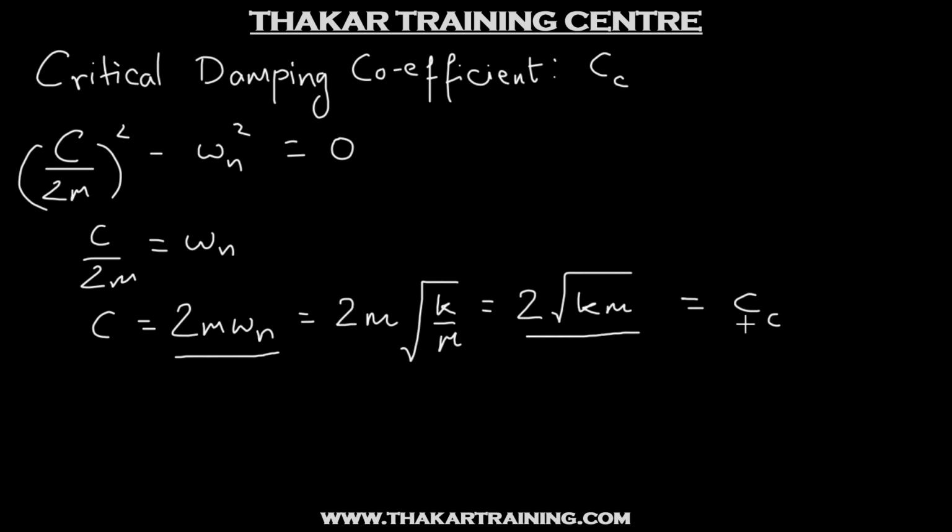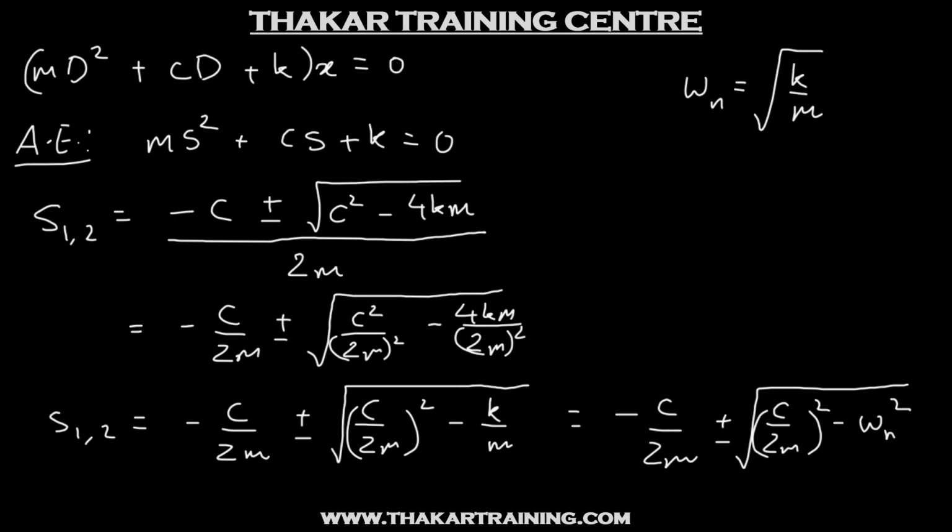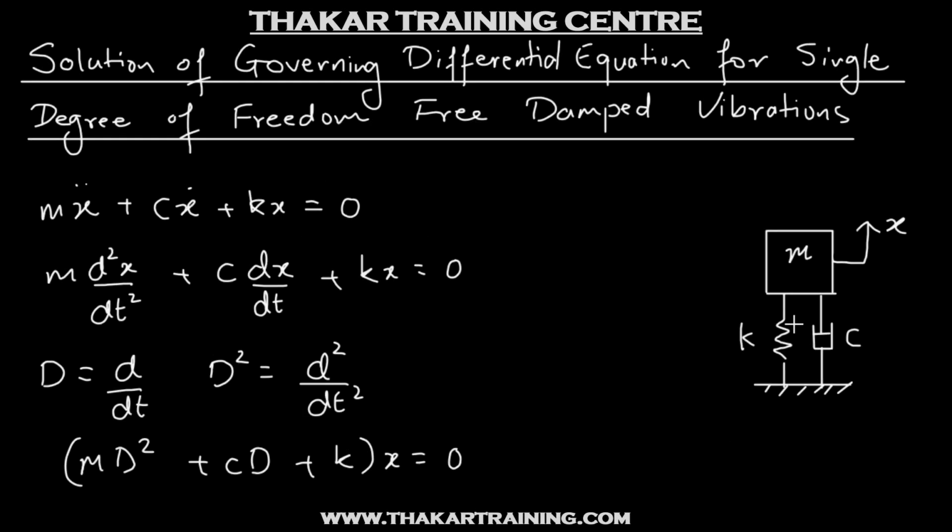What you should understand is that this value, twice root of km, does not depend on what damping has been provided to the system. I repeat, it does not depend on the value of c provided to the system. It depends only on the values of m and k.